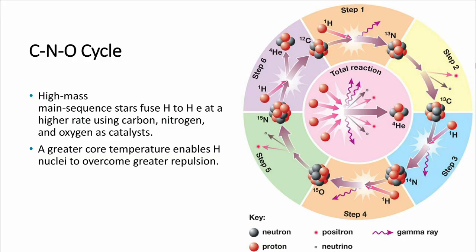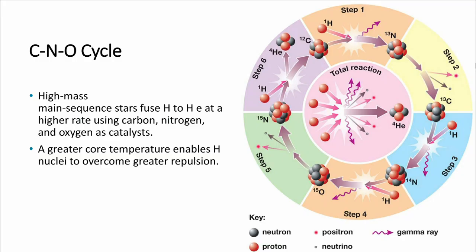So you'll basically use carbon, nitrogen, and oxygen as catalysts to do a slightly different nuclear reaction. Our first step, we're going to take a hydrogen nucleus and a carbon nucleus and fuse them together. We get a gamma ray out, and that fusion results in a nitrogen nucleus. Just adding a proton makes it become a nitrogen.